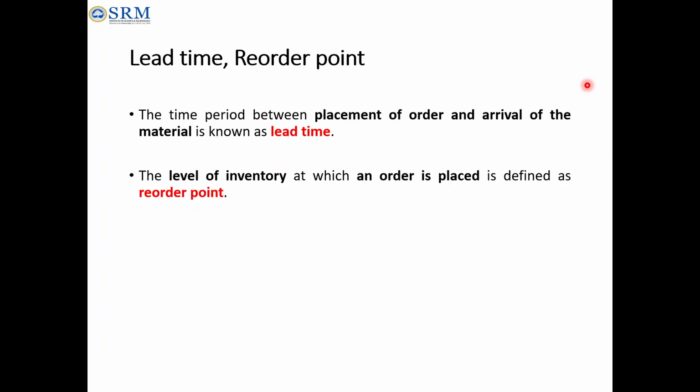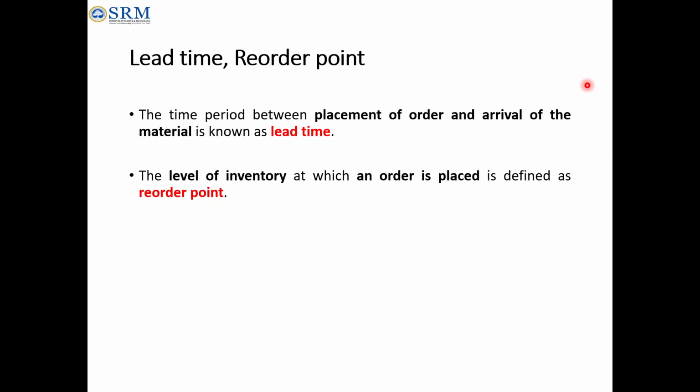But lead time is the placement of order and arrival of the material. Before you start the production, you order some parts or raw materials for production. Once you place that order, the time gap until the material reaches your industry is called lead time.